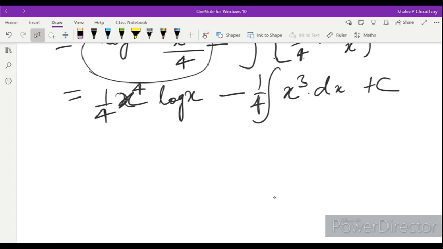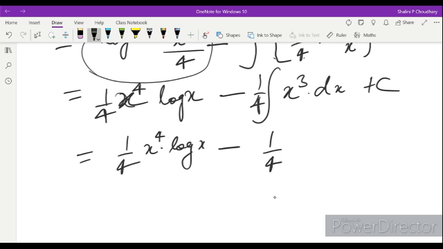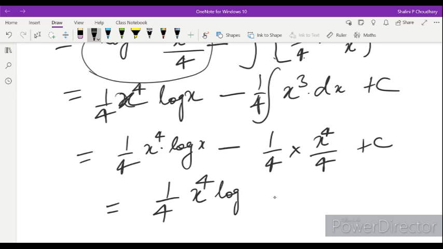So what value are we getting here? 1 upon 4 x to the power 4 log of x minus 1 upon 4 into x to the power 4 divided by 4, plus c. So finally we get 1 upon 4 x to the power 4 log of x minus 1 upon 16 x to the power 4 plus c.